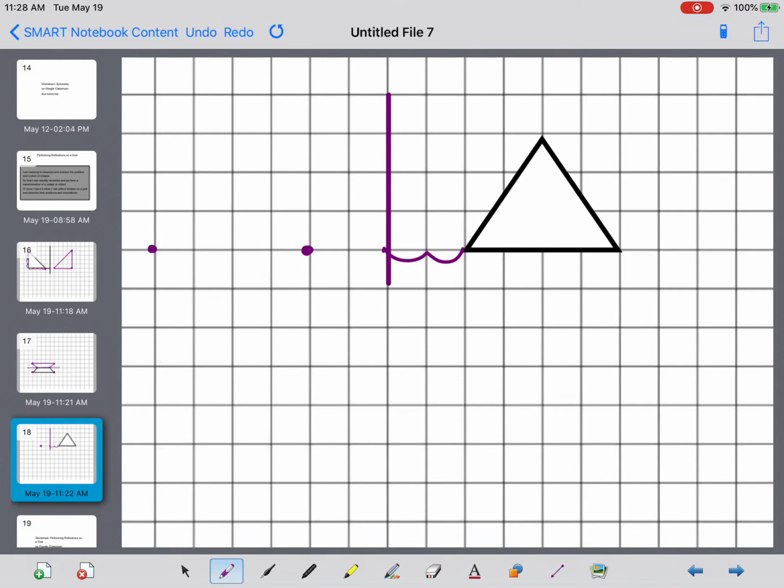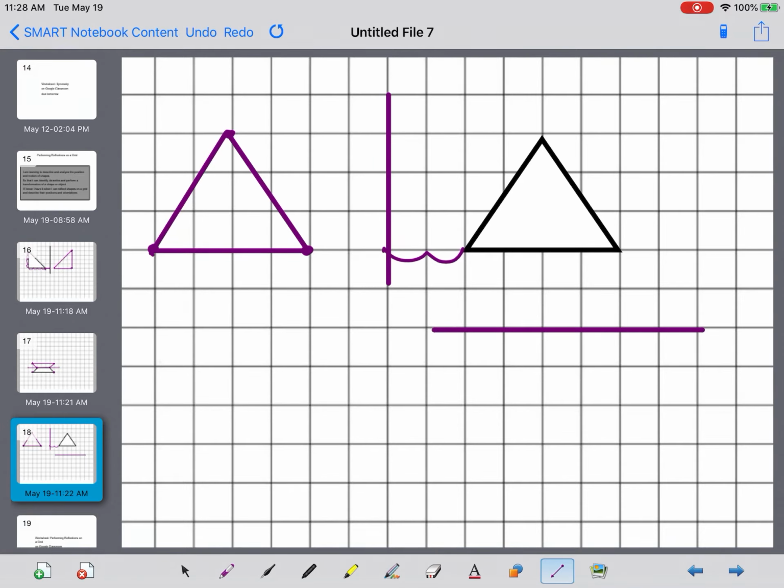Then I'm 4 away, continuing in the other direction. And then in the middle of those 2 lines, I'm 4 up. So right there. And again, I'm just going to connect them with a straight line. Just like that. There we go. We've got our reflection.